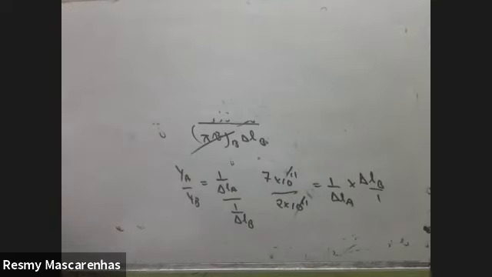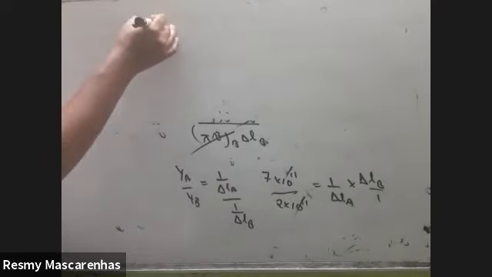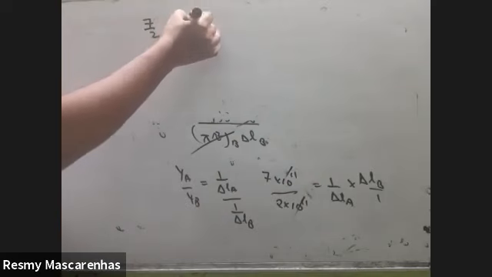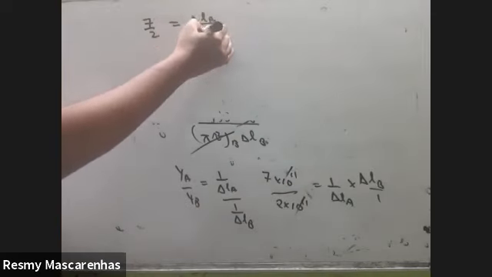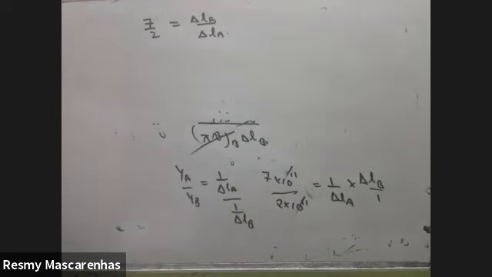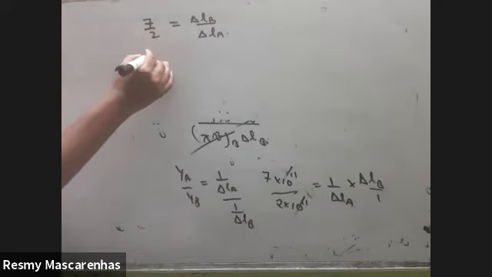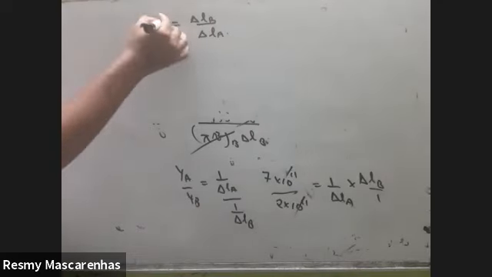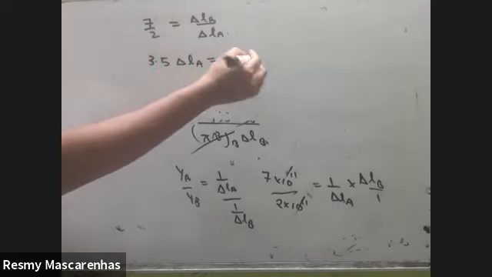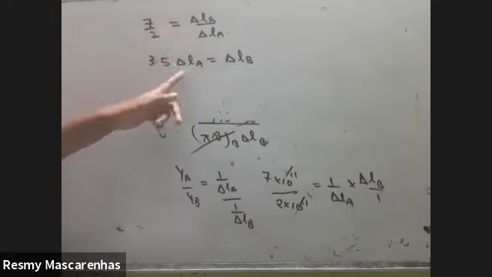Seven by 2, which is equal to 3.5, and you can take this side. This will go up.